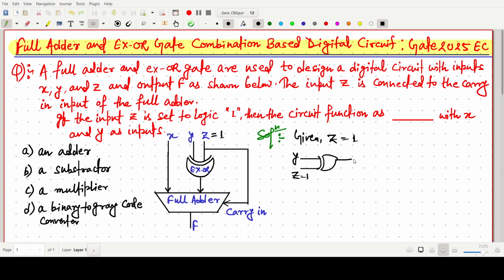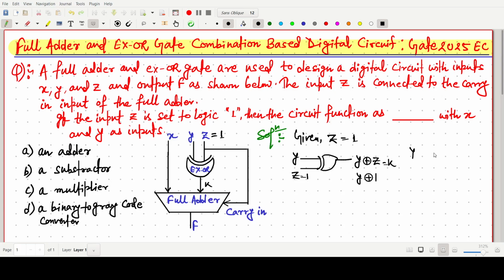So what will the output be? Basically, it is Y XOR Z, or simply Y XOR 1. Let us say the output is some value k.